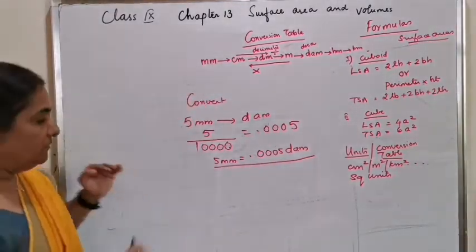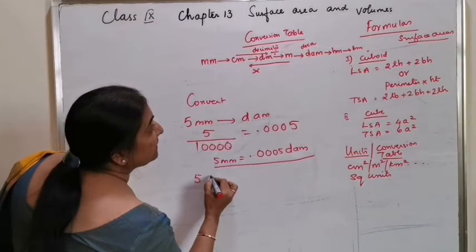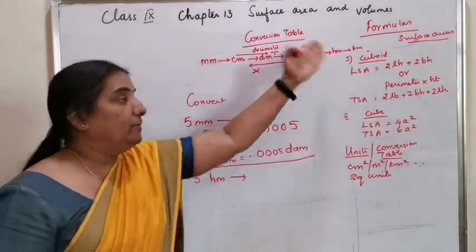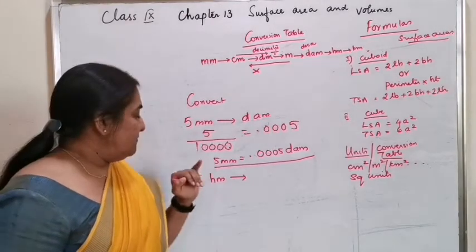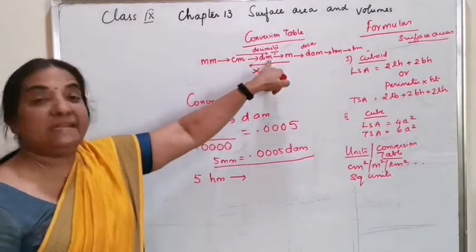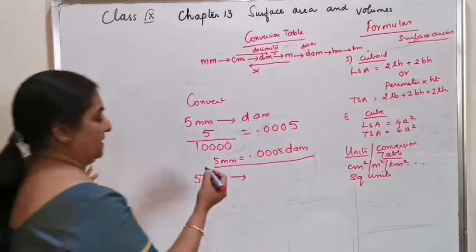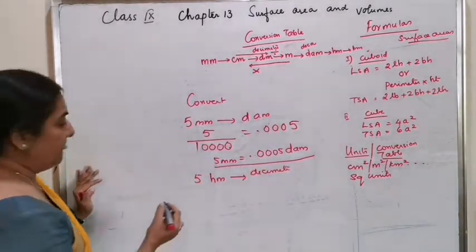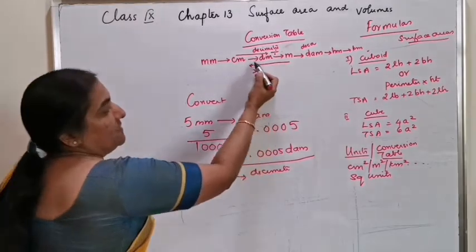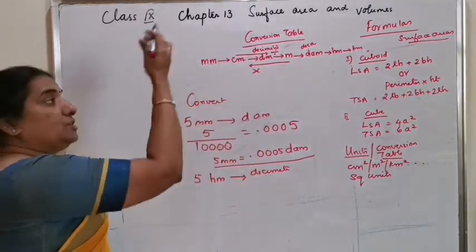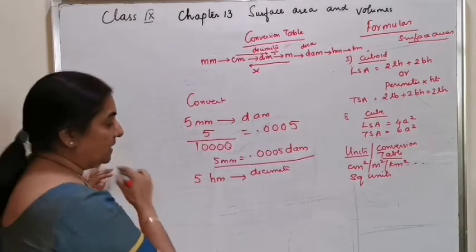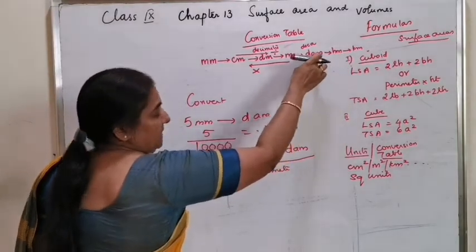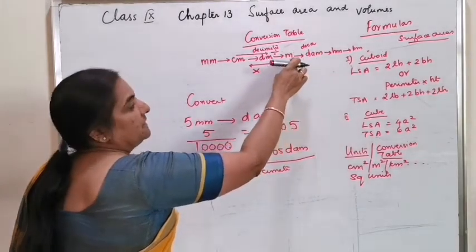If you want to convert 5 hectometer to decimeter, I am purely avoiding the units you know already. What you will do is, you know that hectometer to decimeter is from a higher unit to a smaller unit. How do you convert? 1 hectometer will turn to decameter, meter, decimeter.